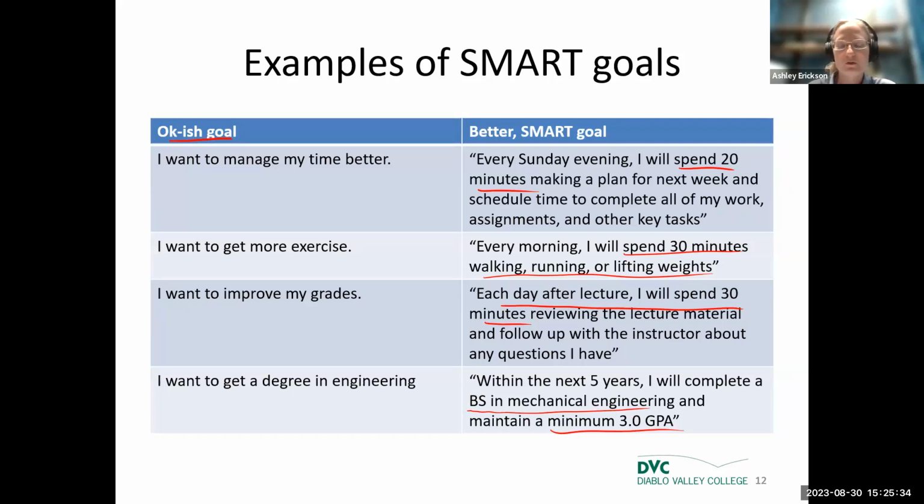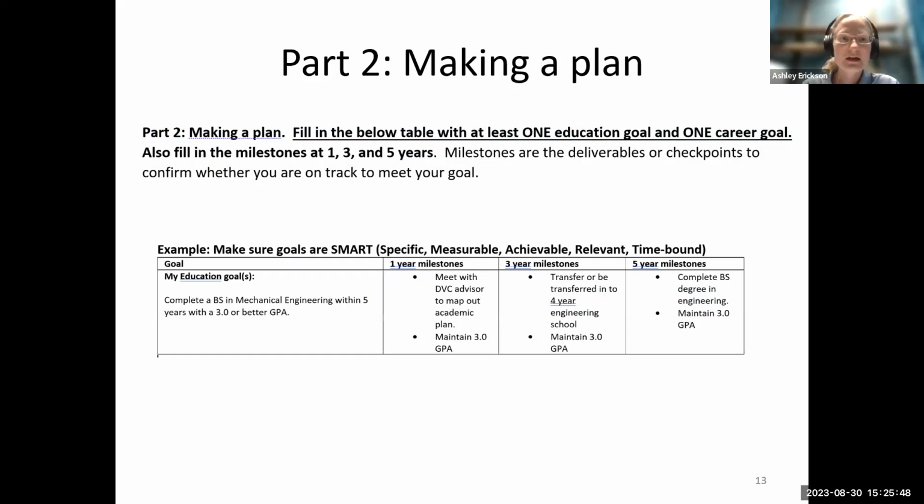Notice how the SMART goals really make your goals a lot more specific, and it's a lot easier to track your progress. This is what we are looking for when you write your 5-year plan. You can see in part 2 of your plan, your goal is to start writing different SMART goals in the left column.